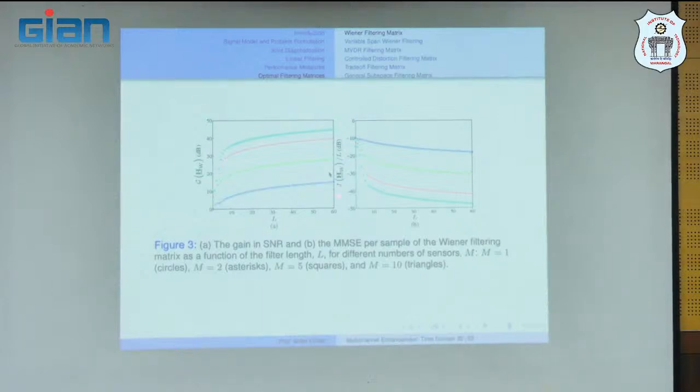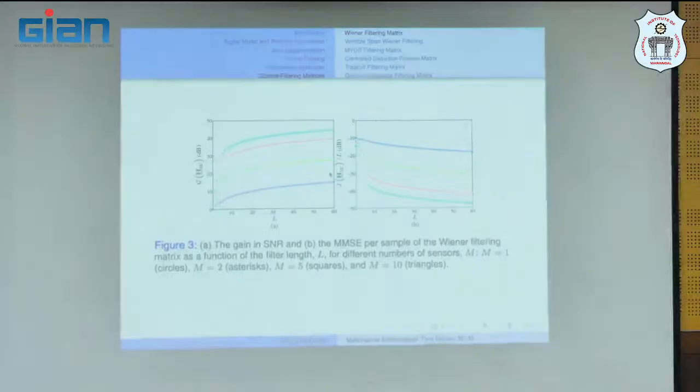And of course, the MSE decreases, the mean squared error divided by L. Why do we divide the MSE by L? Because we want the average MSE relative to a single sample. Remember that we estimate a block of L samples.